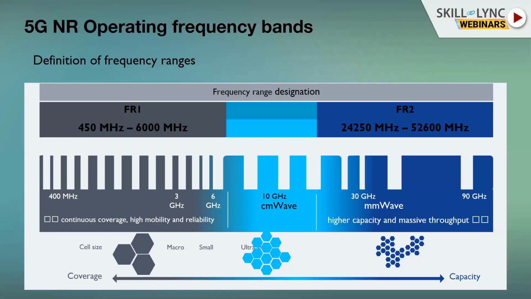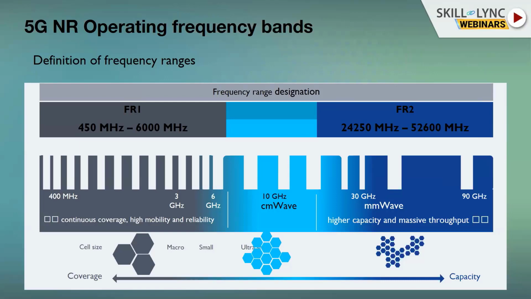Depending on the ranges, the maximum bandwidth and subcarrier spacing varies. We have the carrier spacing, which is a term used in 5G planning and optimization.